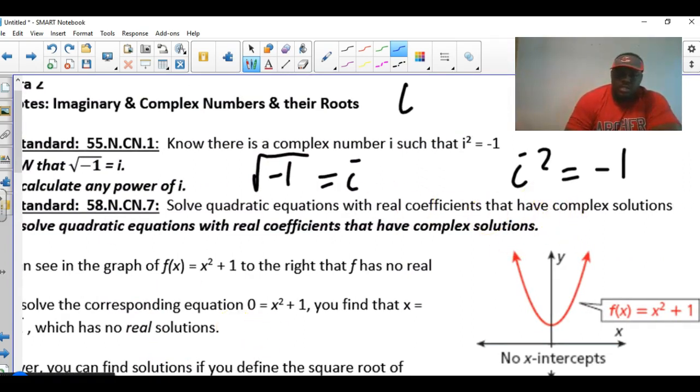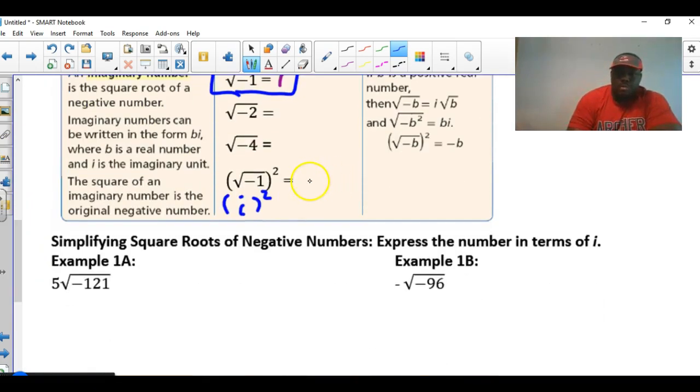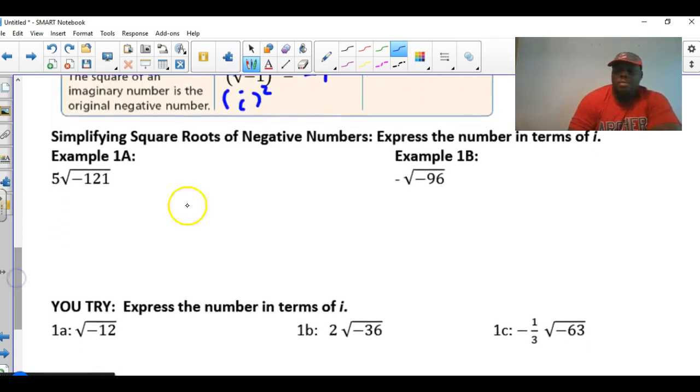And again, it's just general rules that you learn, all right? You want to put those in your memory. i squared is -1, okay? All you gotta do is learn it. That's not hard to remember, guys. If you learn that i squared is -1 and the square root of -1 is i, man, this will be a breeze, okay?